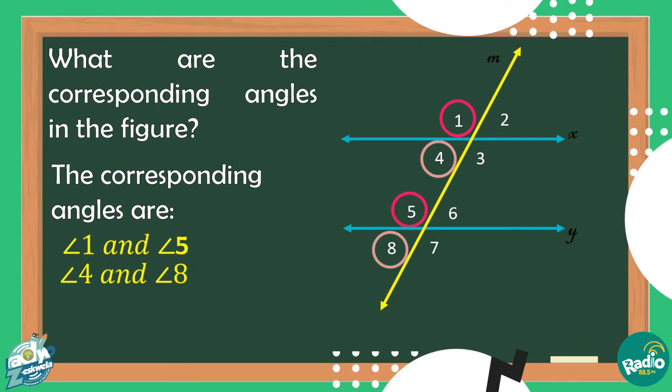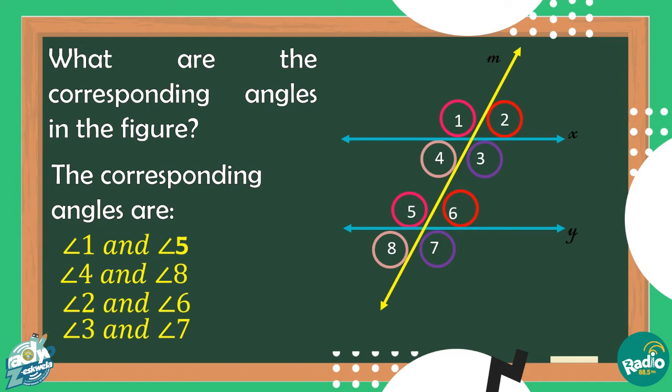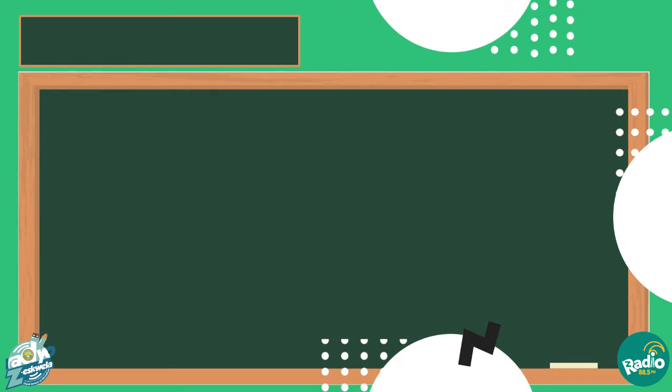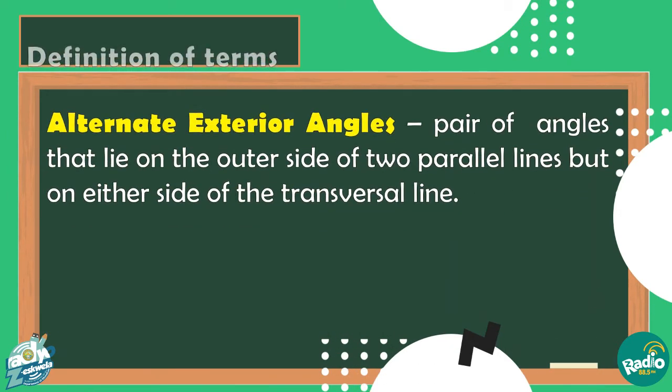We also have angle 4 and angle 8. Next, angle 2 and angle 6. And angle 3 and angle 7. Please take note of these corresponding angles: angles 1 and 5, angles 4 and 8, angles 2 and 6, and angles 3 and 7.